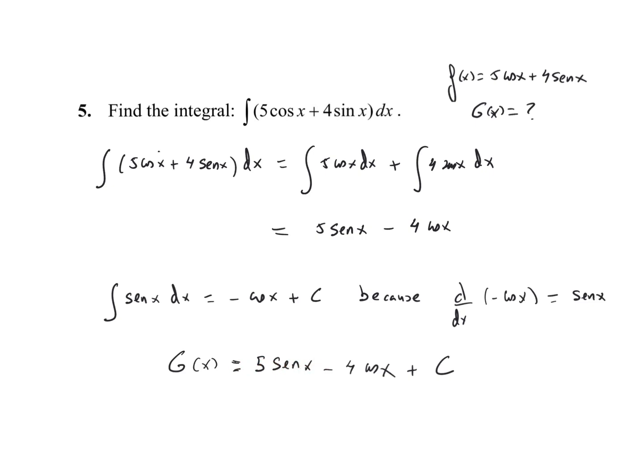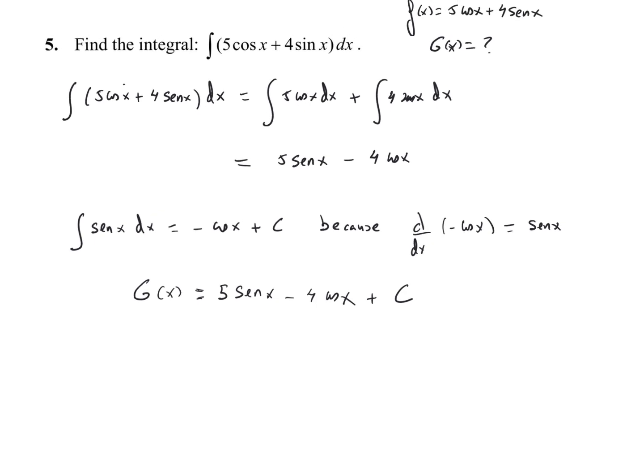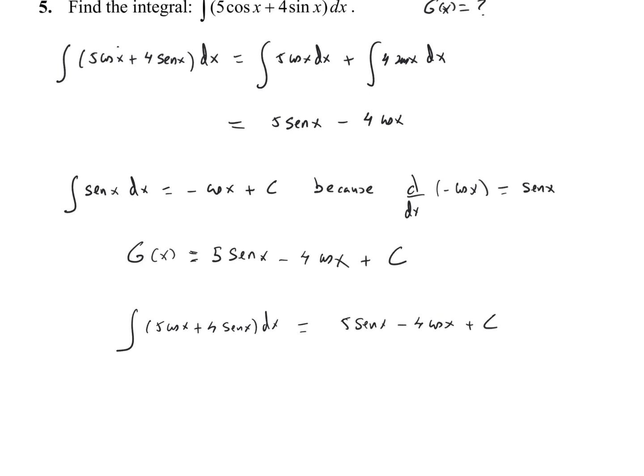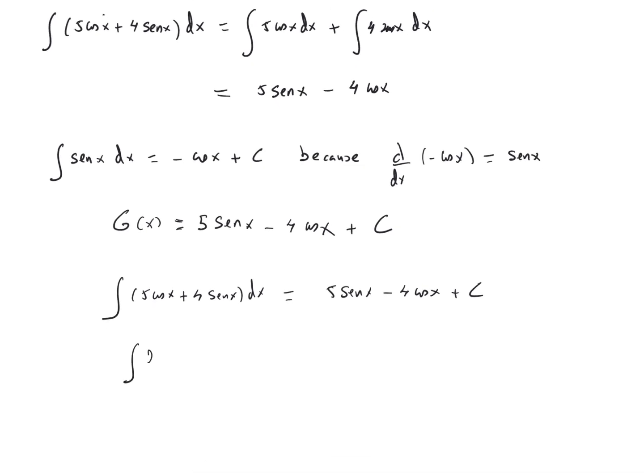G of x is the function where the antiderivative of 5 cosine of x plus 4 sine of x dx will be 5 sine of x minus 4 cosine of x plus c. Or in other words, the antiderivative of the function f of x is the function g of x plus c. And this is what we found.